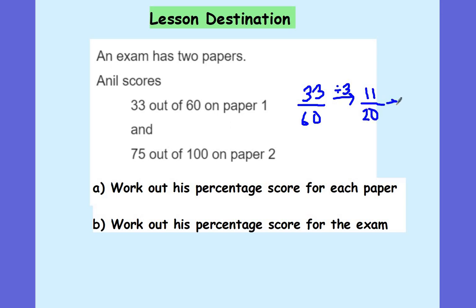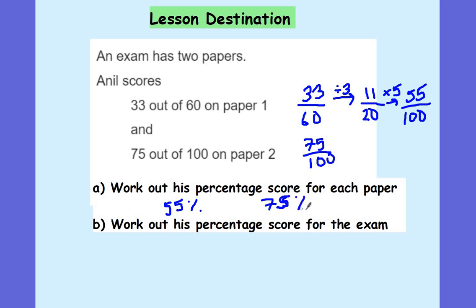And then I can just multiply top and bottom by 5, which would give me 55 out of 100. So for paper 1, he's looking at 55%. For paper 2, we've already got it out of 100, 75 out of 100. It's just 75%. You did way better in paper 2.